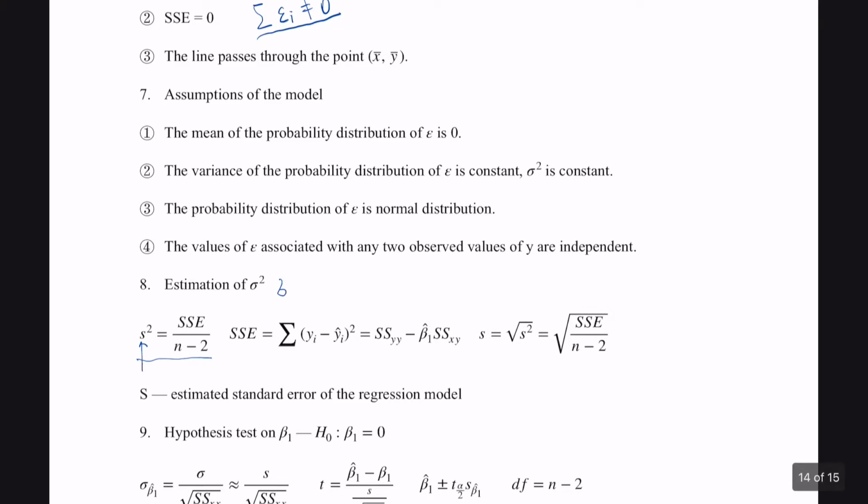Since we only have a sample, not the population, we are using the sample standard deviation to estimate the population standard deviation. This is how we calculate SSE, and pay attention, there's a special relationship between SSE and beta 1 hat.